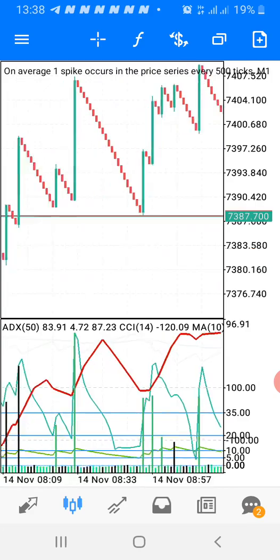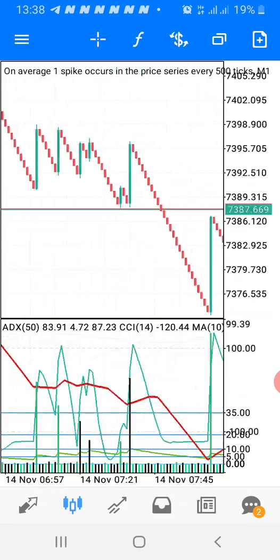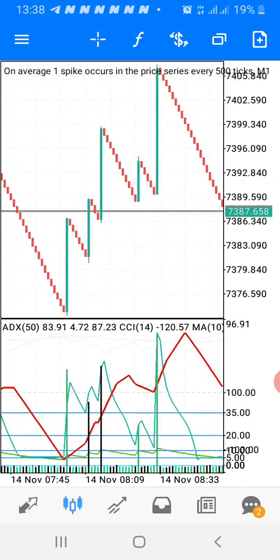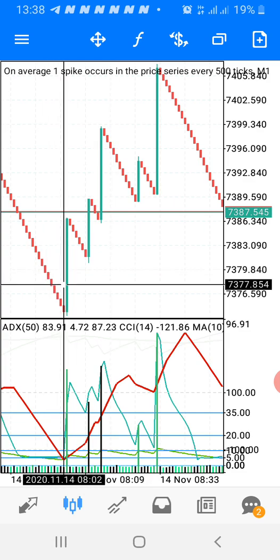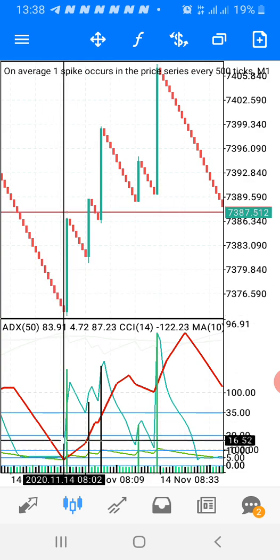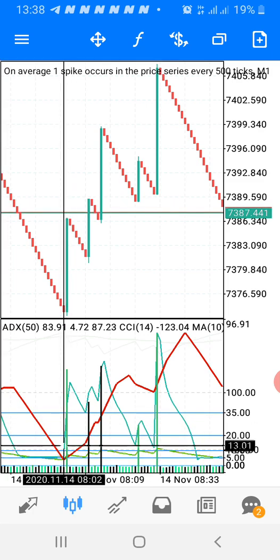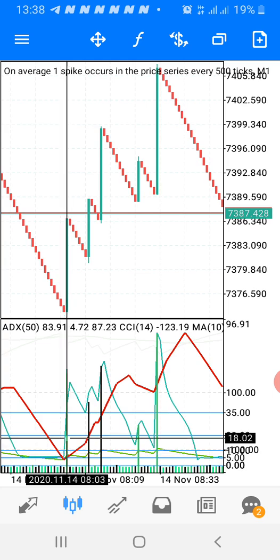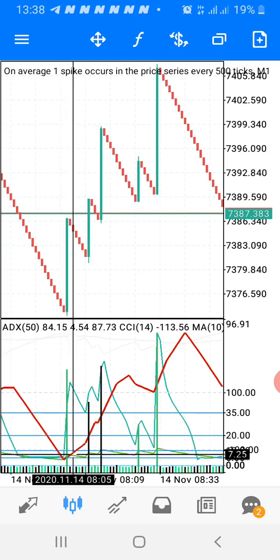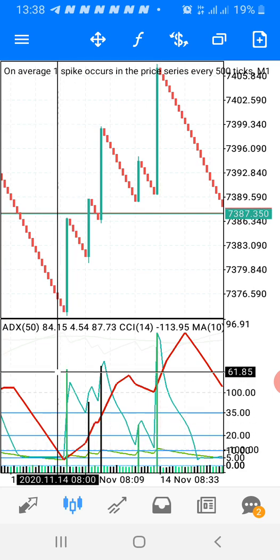So let's check other examples for boom 500. You see, at the oversold, this time we are using the oversold level for boom 500. Look at it. It crossed below, right? It crossed below from here, and look at the buy. That's how it works.